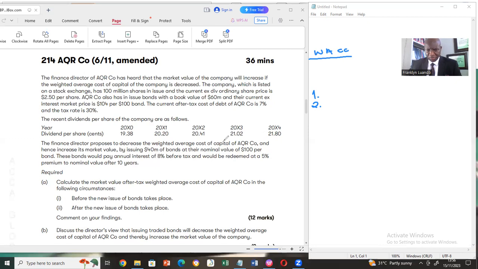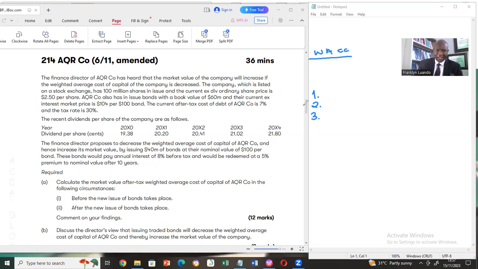Number three, the amount of capital required or the size of the project should be in relation to the size of the business. That simply means the new project should require incremental capital. So there are three conditions or assumptions under which WACC operates.